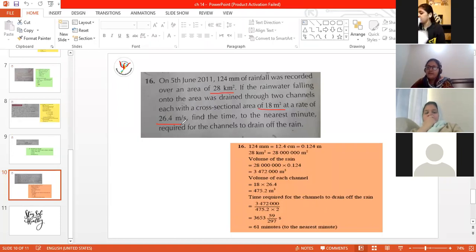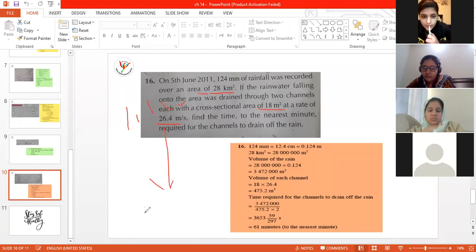We have to find the total time in which these two drains drain off all the rainwater. If, for example, this is the rain, it is falling on a ground where the total surface area is 28 kilometers square.